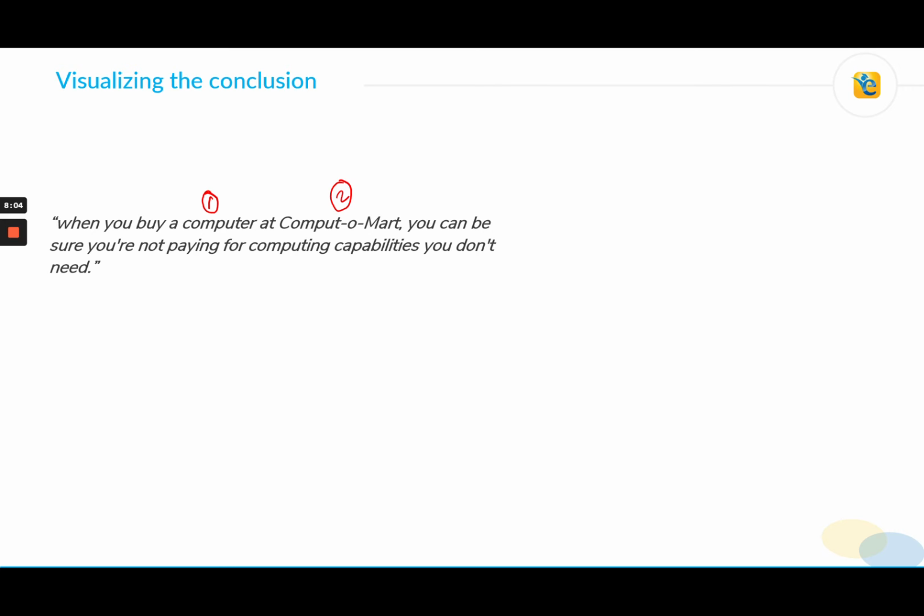Third, there seems to be an intrinsic assumption that's happening here regarding computing capabilities. If you go back to the premises, everything that's being told is that the competitor salesperson will try to push the more expensive products on you, whereas Comput-o-mart salespeople are not going to do any such thing.